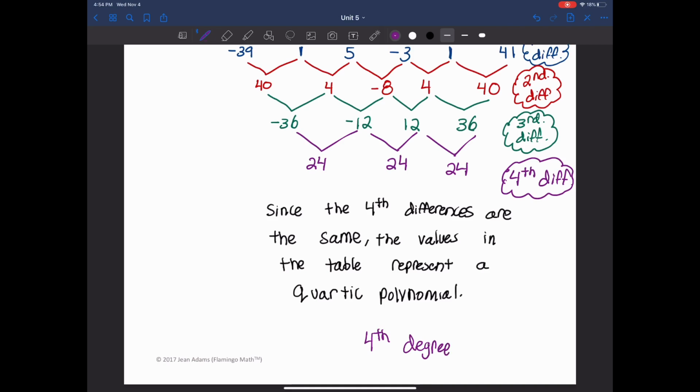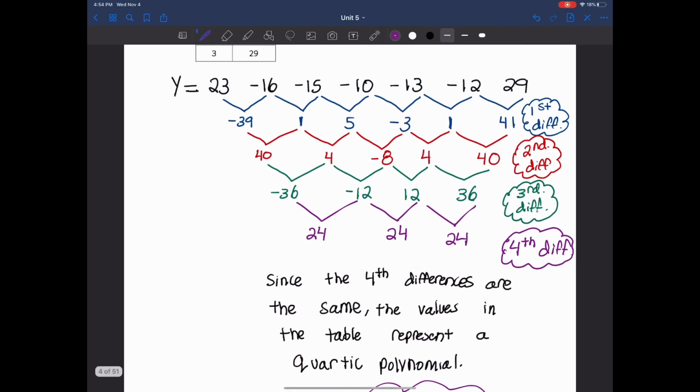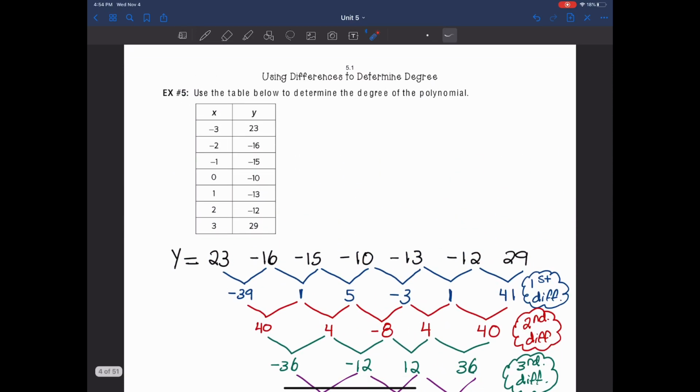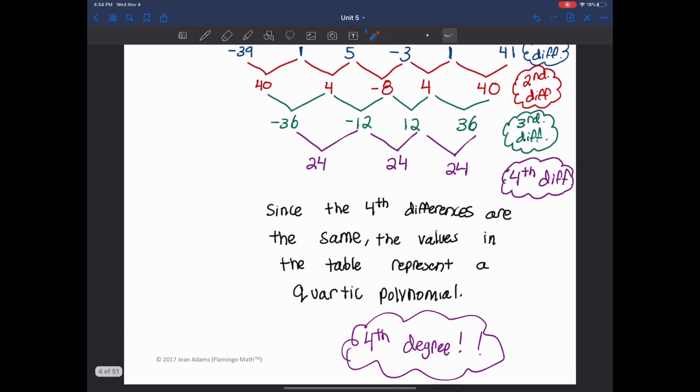What this is saying is, whatever difference you find has the same numbers. Since we went to the fourth difference and we all got 24, that means your table represents a fourth degree polynomial, and we call that a quartic polynomial in mathematics.